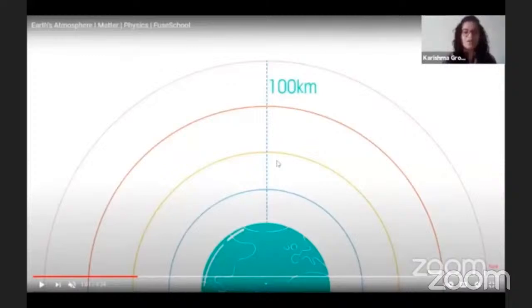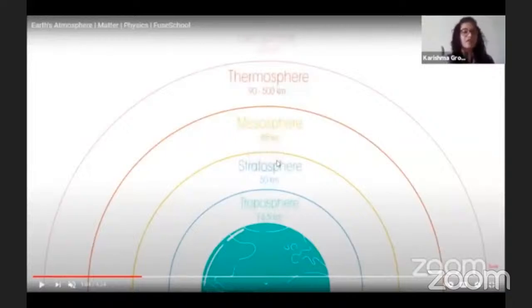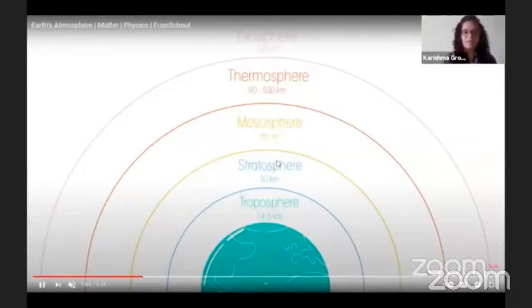Okay, so now let's learn about each layer in detail. Cool. Okay, so we have the troposphere, the stratosphere, mesosphere, thermosphere, exosphere. We have 5 layers. What is it? Troposphere, stratosphere, mesosphere, thermosphere, and exosphere. Let's learn about them in depth.